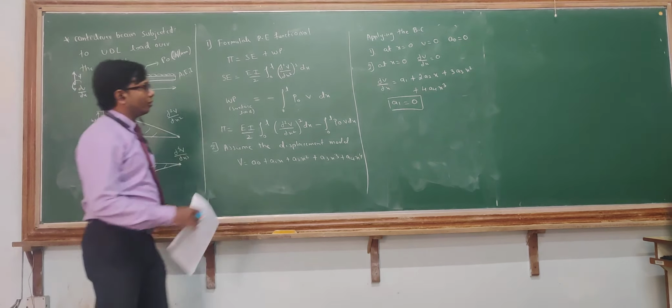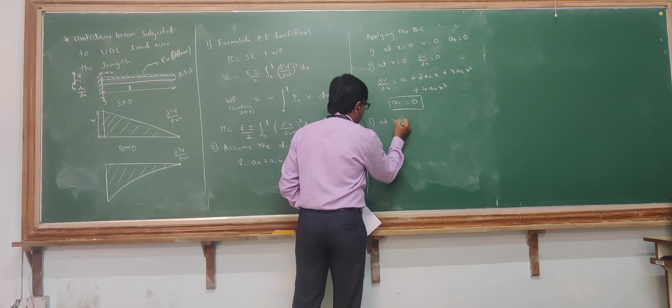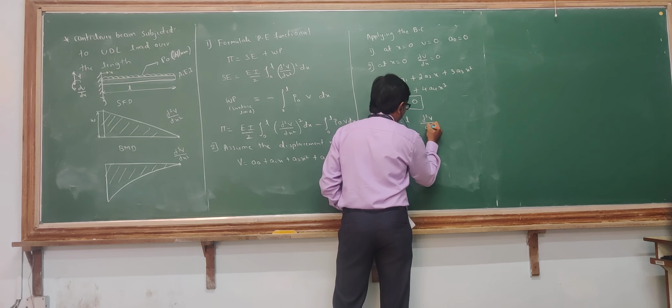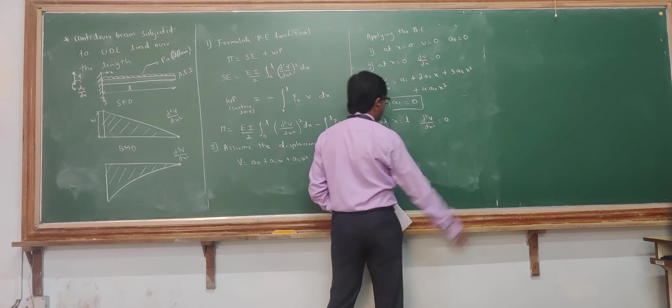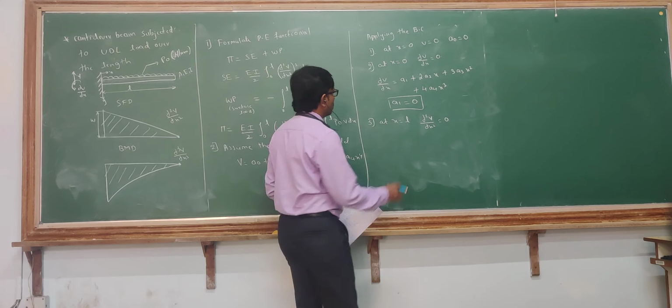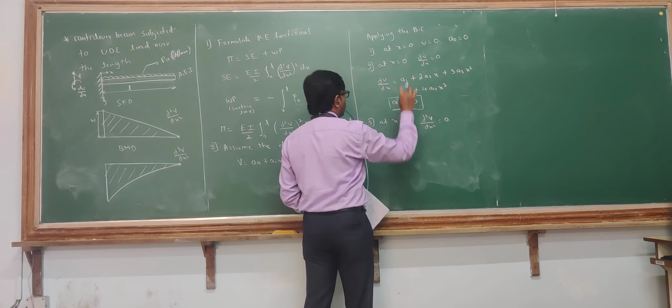So I'll apply those boundary conditions. The third part is at x equal to L, ∂²v/∂x² is equal to 0. So I'll be differentiating this one more time. a1 is 0, it's gone.